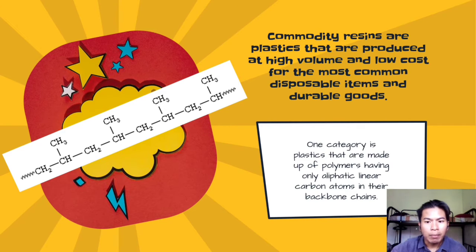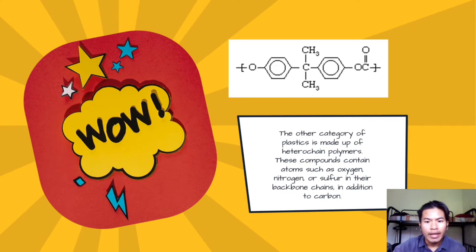One category is plastics that are made up of polymers having only aliphatic linear carbon atoms in their backbone chains. And the other category is plastics made out of heterochain polymers. These compounds contain atoms such as oxygen, nitrogen, or sulfur in their backbone chains in addition to carbon.